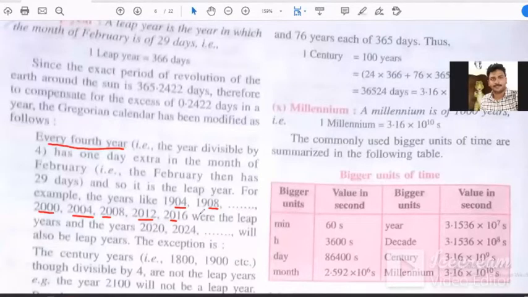This is the shortcut rule we follow: if the last two digits are divisible by 4, then the year is a leap year. This is what we have studied in maths also. Fine, but there is a situation where this condition is not followed. Let us try to think over it.